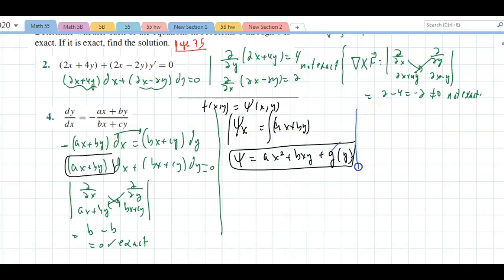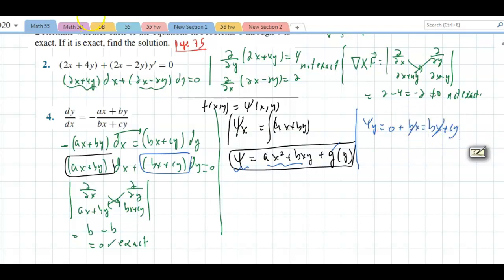And how am I going to find that? I'm going to say, if I take the partial with respect to y of this, that will be 0 plus bx. That must equal the j component. Those cancel out. I dropped some. I'm sorry. Here it is.